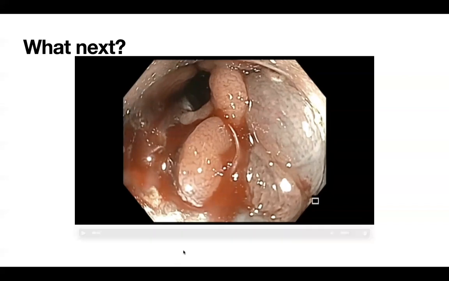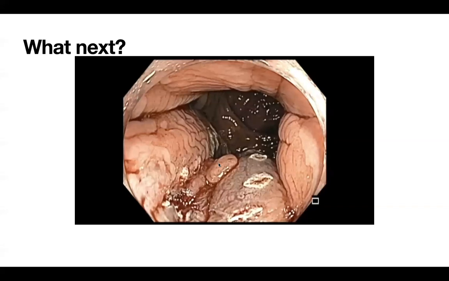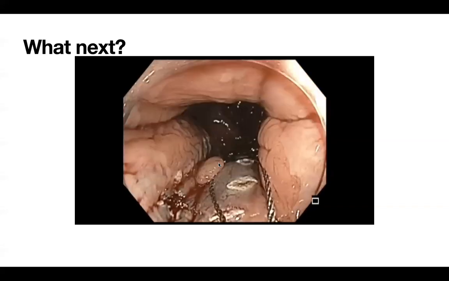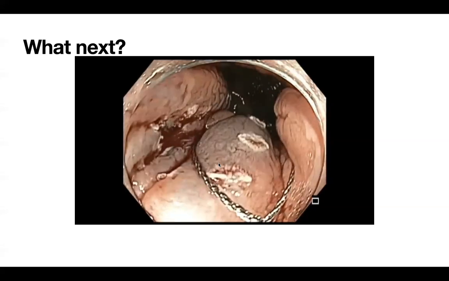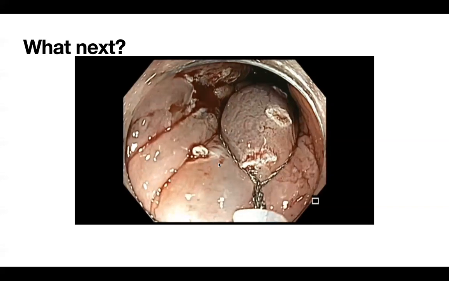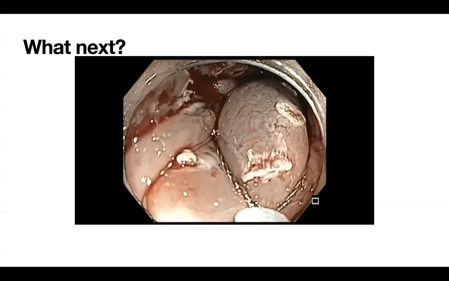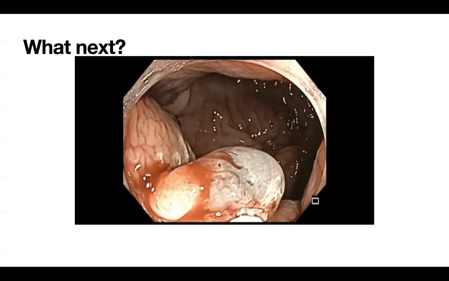So the next question is, how do you resect a lesion like this? In terms of the snare, I picked a smaller snare because I don't want a large 15 millimeter snare. I picked a 10 millimeter stiff snare, and then I started cutting from the edge, as you can see.